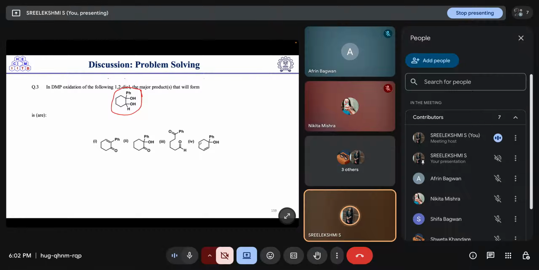Both are hypervalent iodine reagents. Any idea?